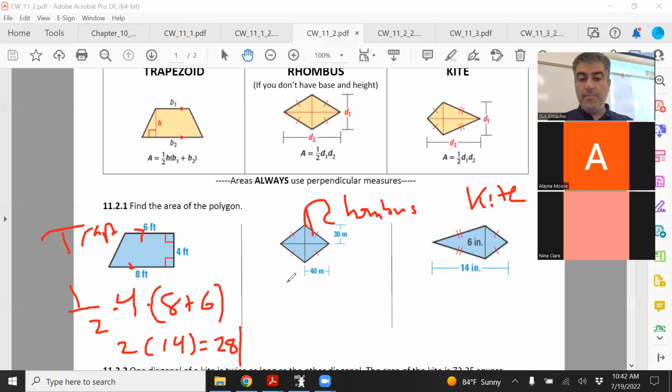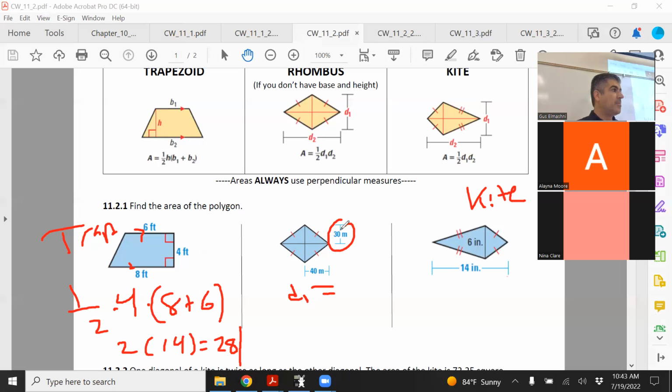Then here, you got to figure the diagonals first. Are the diagonals given to us? No. Can I find them? Yes. How'd you find the diagonals? If that's 30, what would be one of the diagonals? How long is that? 60, good.